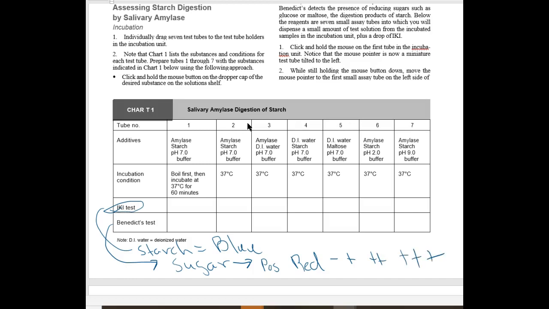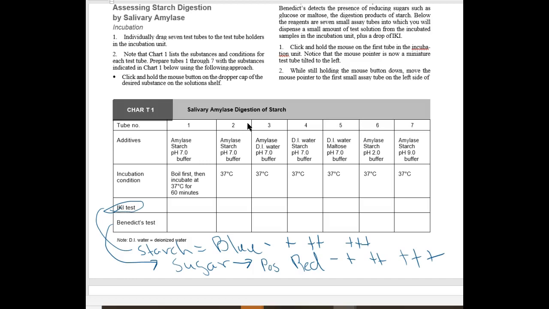And if there's a ton, it'll be that. So we'll just do different amounts, none, some, a little more, and the same thing with starch. So negative reaction, some starch, some more starch, a whole lot of starch, something like that.